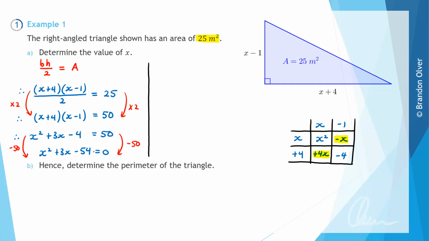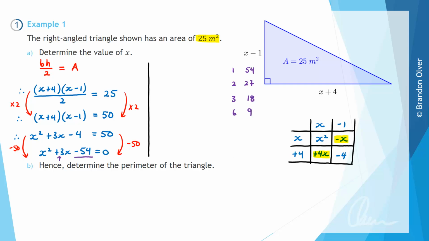Up next, when we solve this, we can factorize and use the Null Factor Law. We're going to look for factors of 54 that add up to positive 3. If we list the factors of 54 to start with, we could have 1 and 54, 2 and 27, and 3 and 18. 4 and 5 are not factors, but 6 is, so we could have 6 and 9.